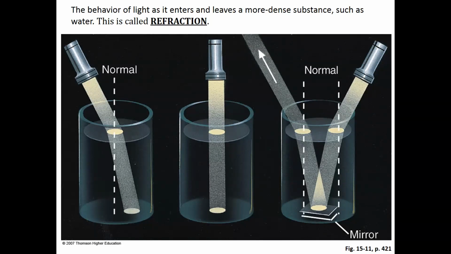The example in this image is that you have air, and then you have this glass of water. When light hits the surface of that water, its speed immediately changes because the water is denser than the surrounding air. This causes that beam to bend. So this is what's called refraction.